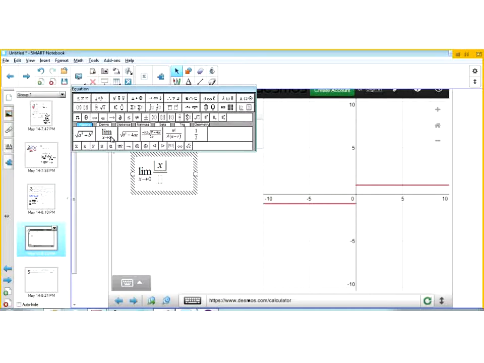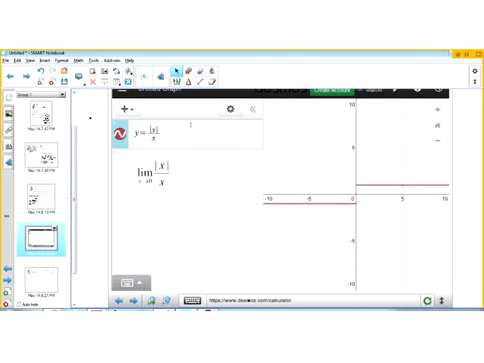Its graph is shown in red. So there's the graph. As we approach 0 from, say, the left, where do our outputs go to? Well, it looks like from the left, our outputs go to -1.